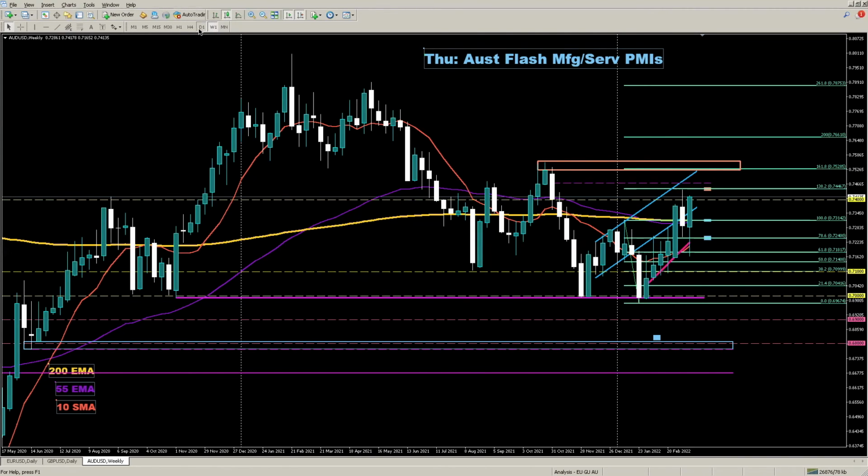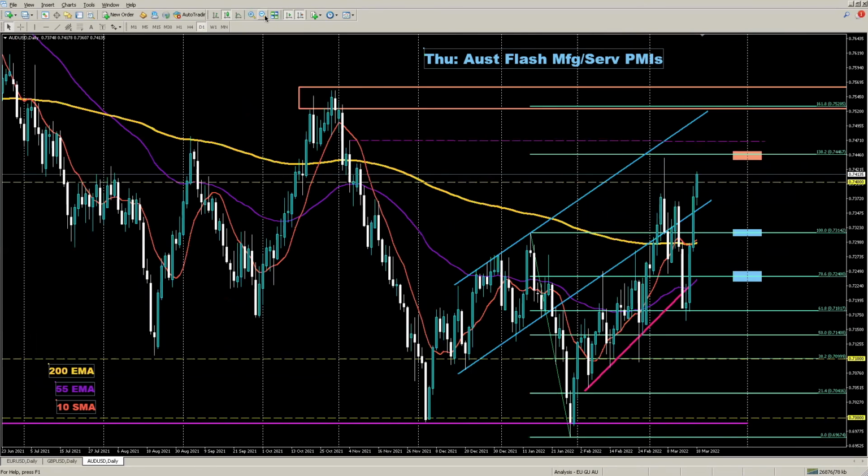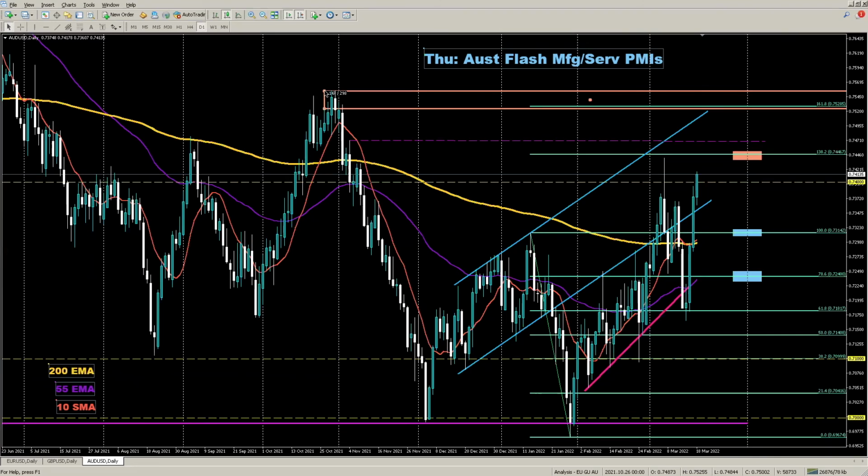Okay, let's go back down to the daily. So it is possible for it to continue to try to target this resistance zone. And that's where the 162 fib is.